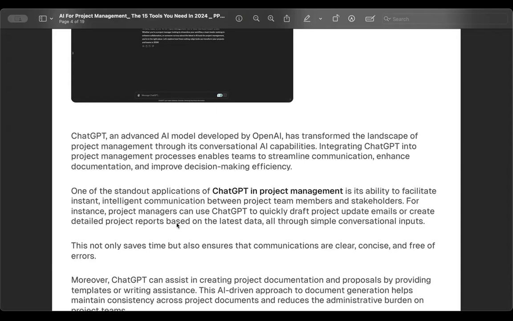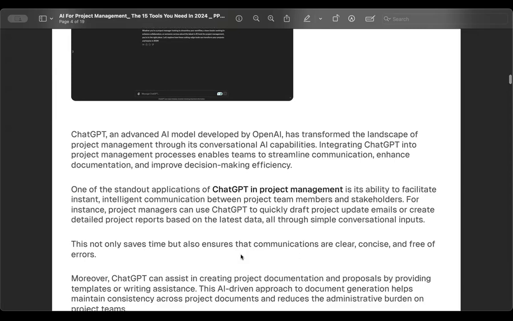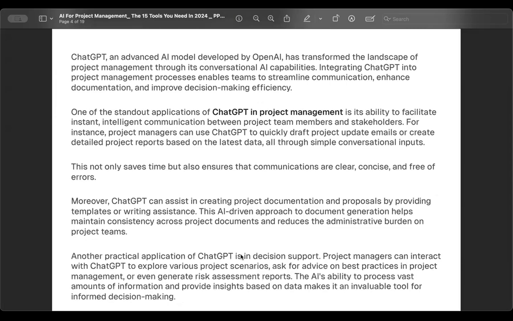For instance, project managers can use ChatGPT to quickly draft project update emails or create detailed project reports based on the latest data, all through simple conversational inputs. This not only saves time but also ensures that communications are clear, concise, and free of errors as well. Moreover, ChatGPT can assist in creating project documentation.